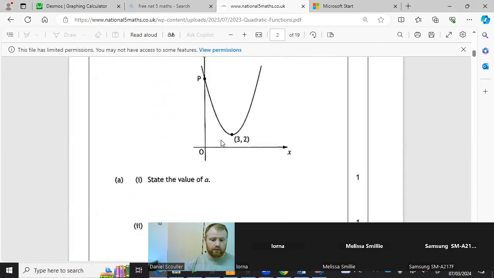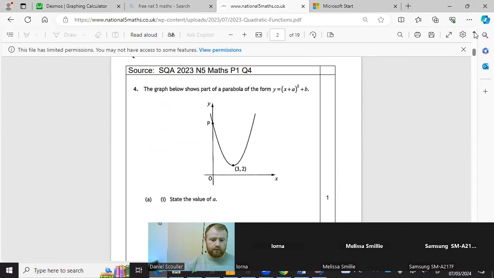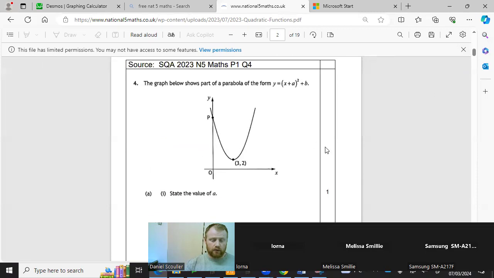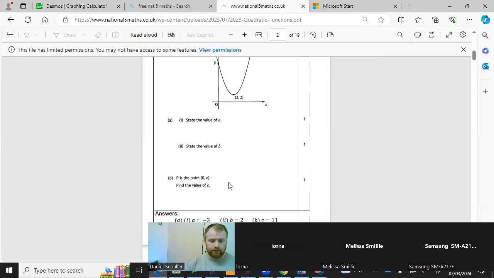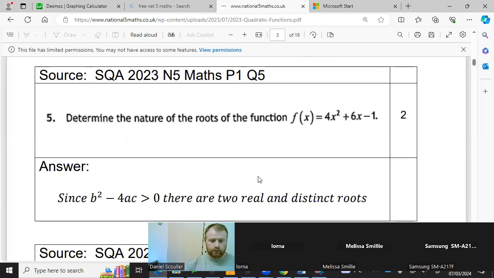That's last year's question. State the value of a in this form. That's from last year's paper as well, worth 2 marks.